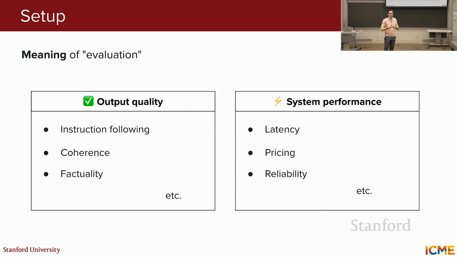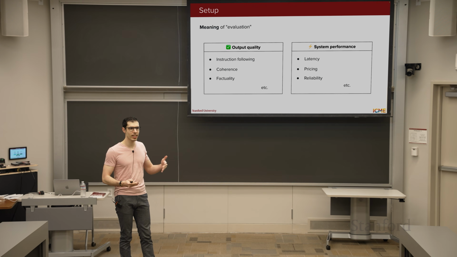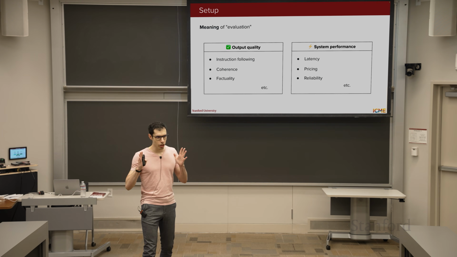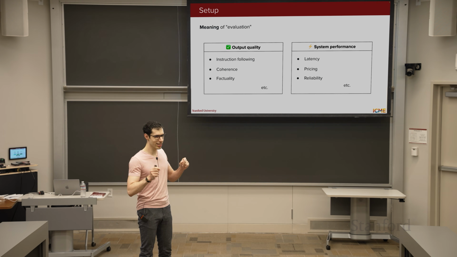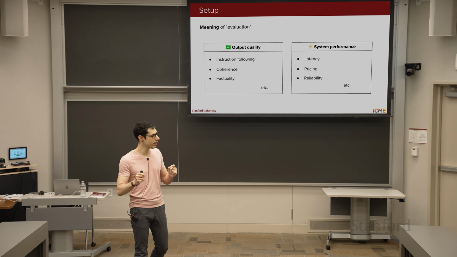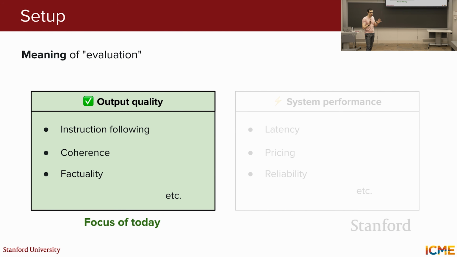Let's evaluate it based on latency, so more system-related metrics, or pricing, or how often it is up, and so on. So just to make sure we're on the same page, this lecture will mostly focus on the output quality part. And in particular, we'll focus on quantifying how good the actual response is.